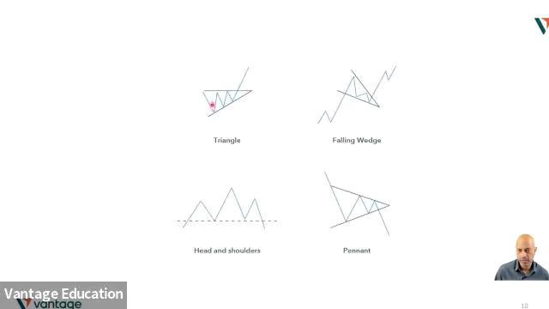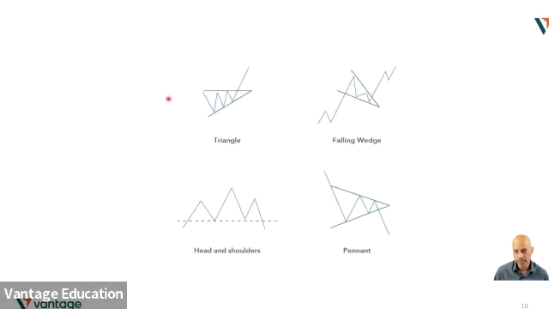So price is being restricted under a strong horizontal resistance level, but price is making higher lows. When you see a chart pattern such as this, usually when it does break to the upside, it will trigger a strong bullish move for the bullish momentum to continue.